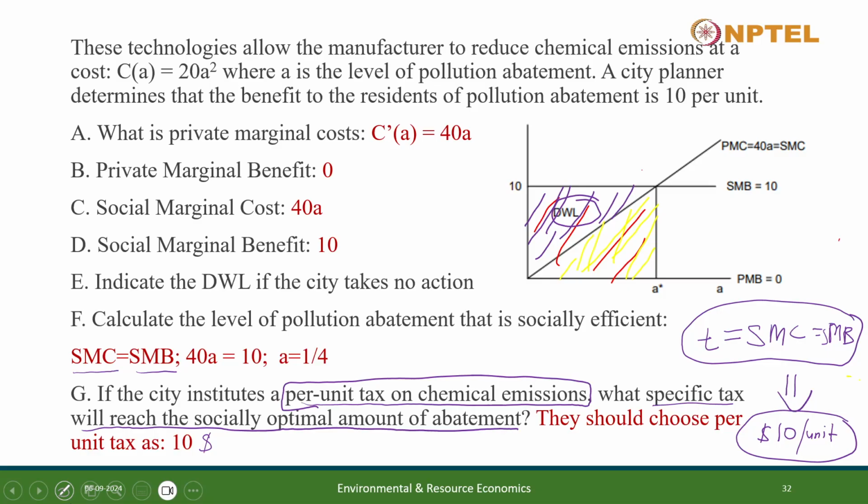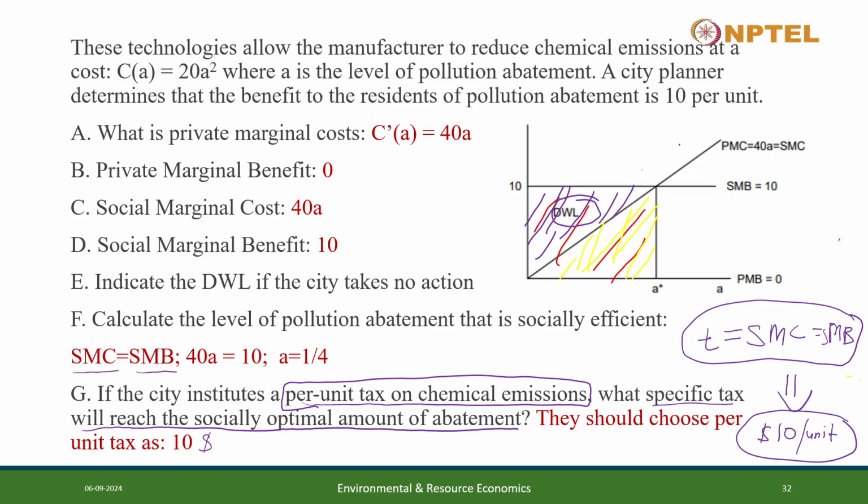Now, we have said that if the city institutes a per unit tax on chemical emissions, then what is the value of tax? We have discussed that the tax value will always be equal to social marginal cost, which is equal to social marginal benefit.